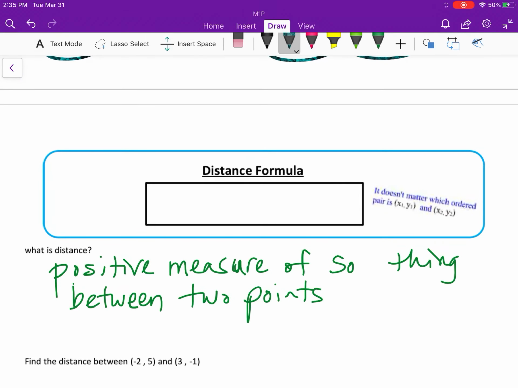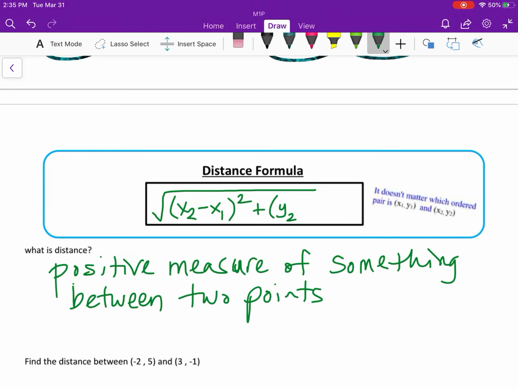Now, the distance formula. What's distance? Well, distance is basically the positive measure of something between 2 points. So when you're looking at the formula, you basically want to take two ordered pairs and subtract, almost like slope, x2 minus x1, but you square it.